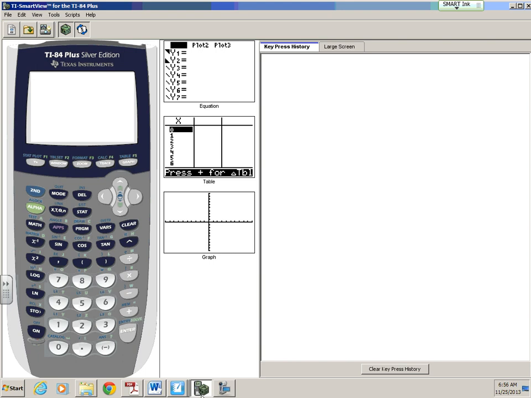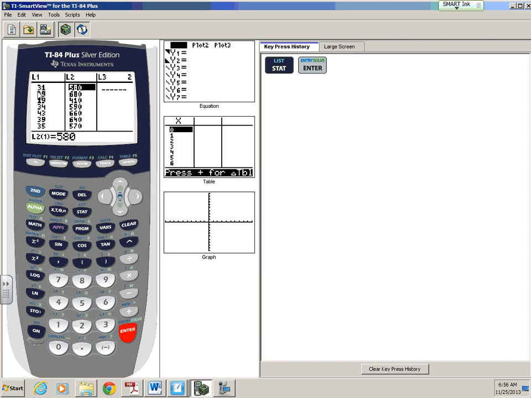Now, I'm going to go over to my computer to do this. What we want to do is enter our data points into the calculator. So we hit the stat button and we hit enter, or edit, which is what it's already on.